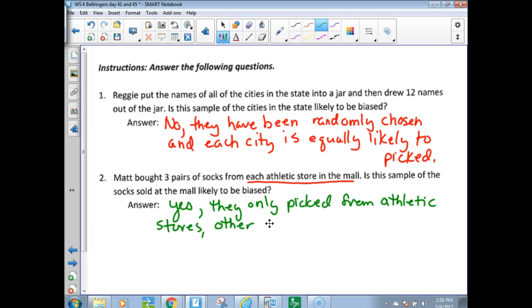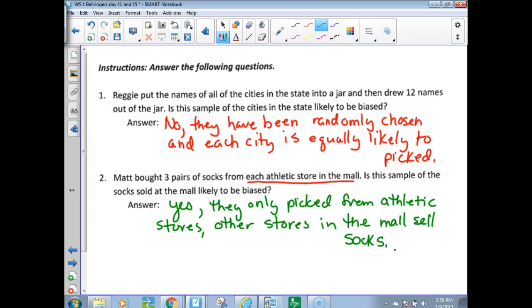Other stores in the mall sell socks. Do you know of other stores in the mall that sell socks besides athletic stores in the mall?